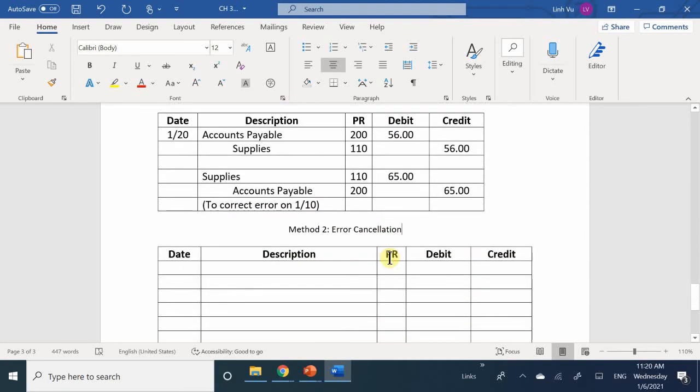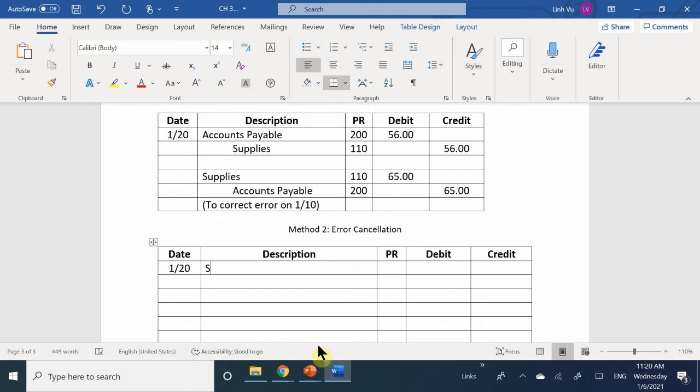Is my supplies over or under? Under. So how do I fix this? Do I need to add more supplies or do I need to subtract some more supplies? We're gonna add it.